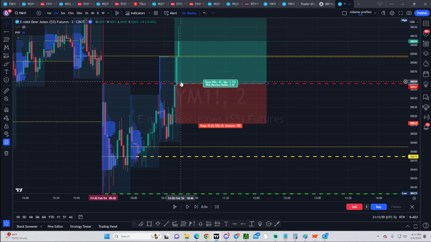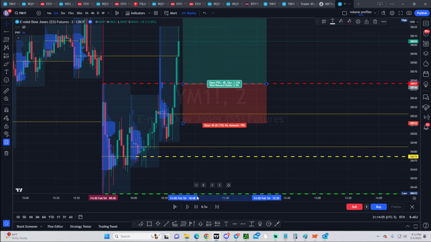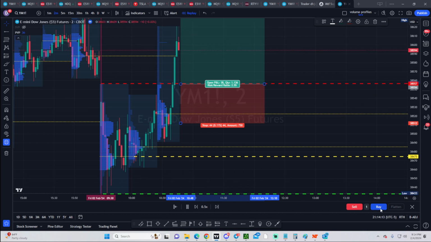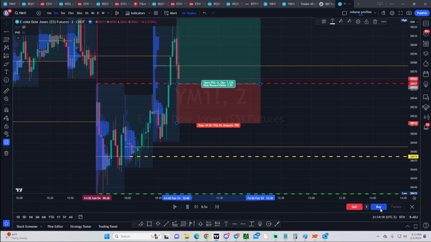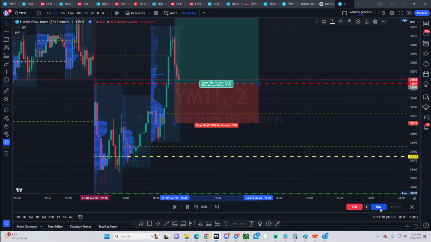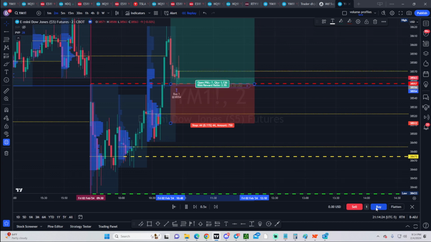Remember, we don't necessarily enter with the breakout, we enter with the retest. So the limit order should go here.